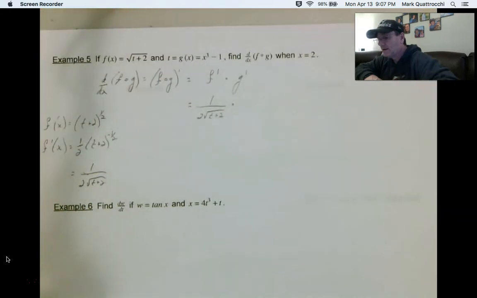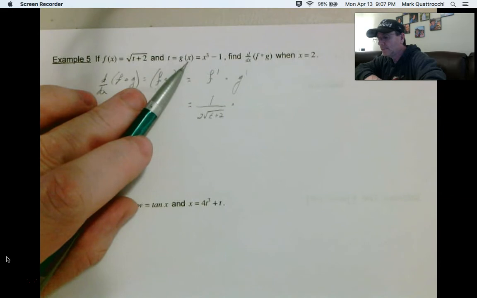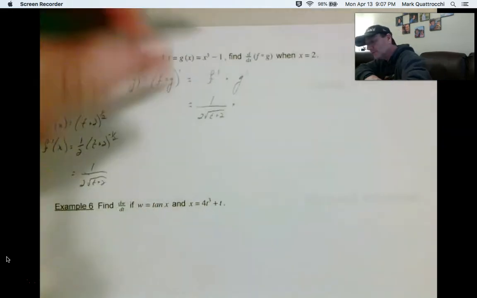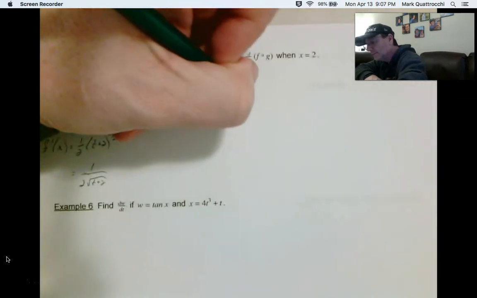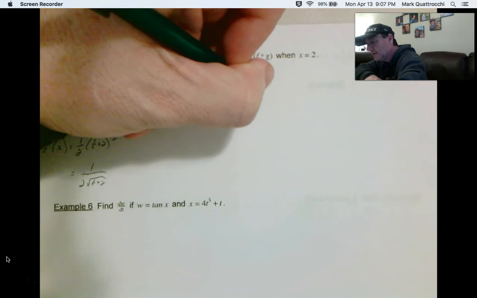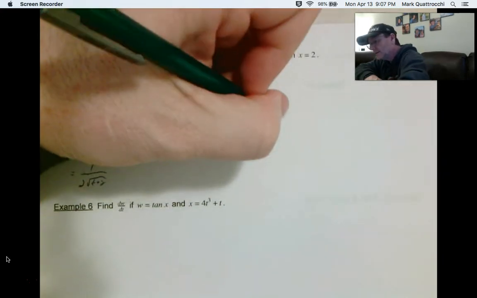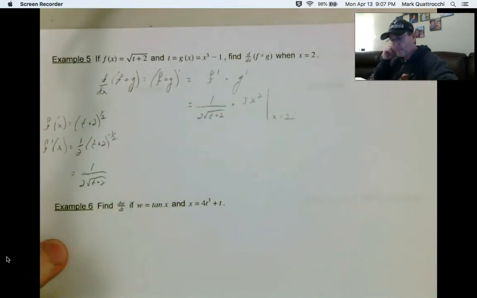times the g function. The derivative of the g function is easy. I don't have to even write that out off to the side. That's just going to be 3x squared. And we want to evaluate this when x equals 2. Okay?